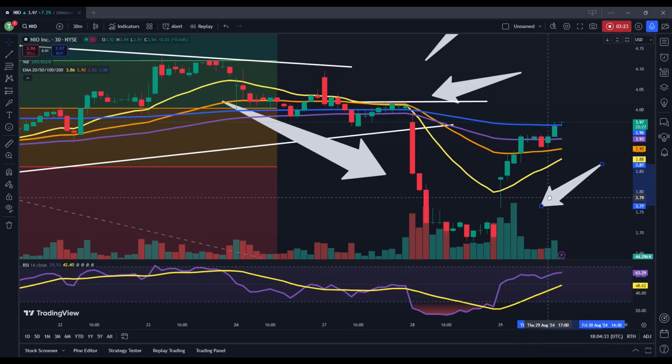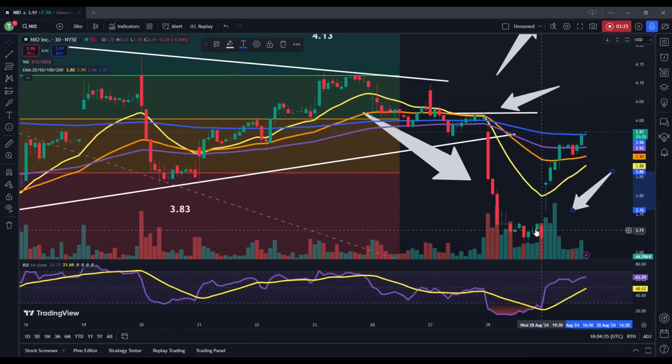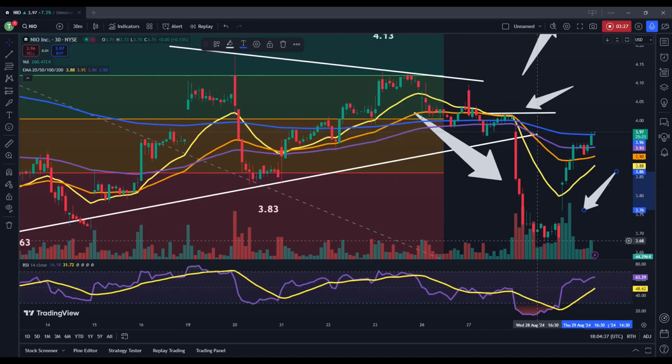So ultimately, what does this tell us? Essentially, it tells us that investors saw this major decline and probably felt that a lot of this price movement to the downside was irrational and due to the fact that NVIDIA was going to be reporting earnings, and there was a strong possibility that the broader market would start to sell off. Maybe some of these people took their positions off the table.